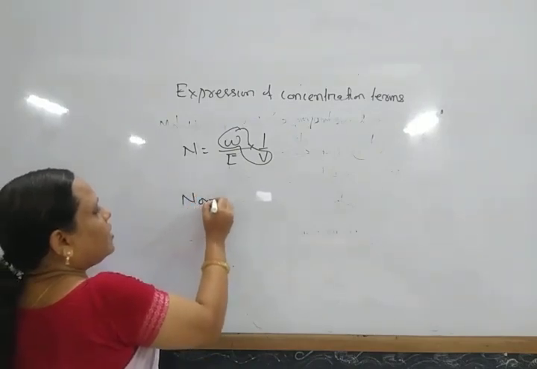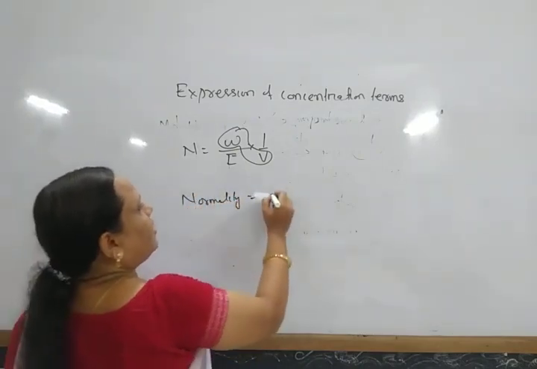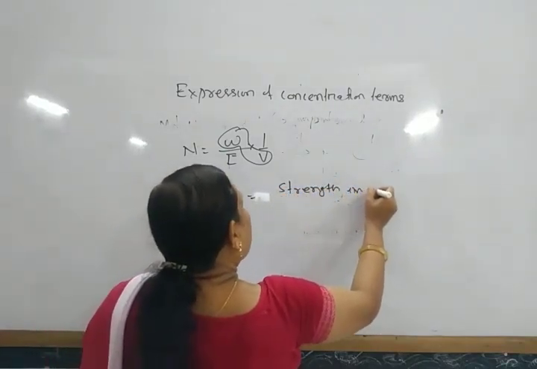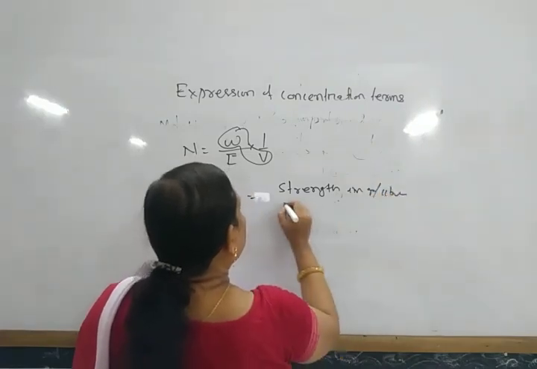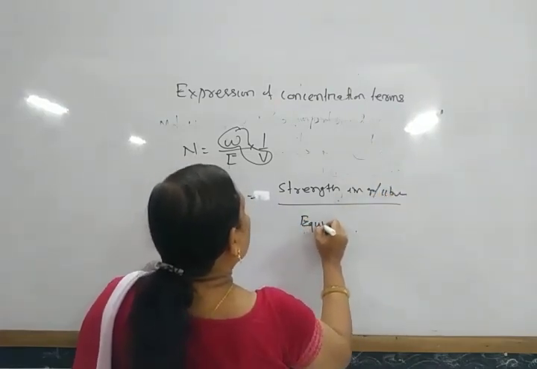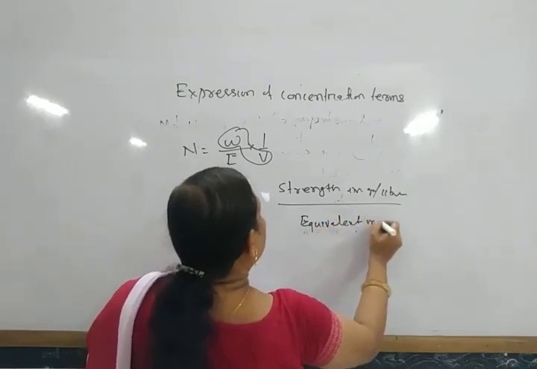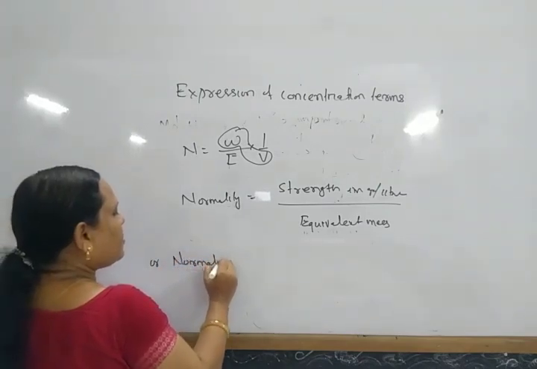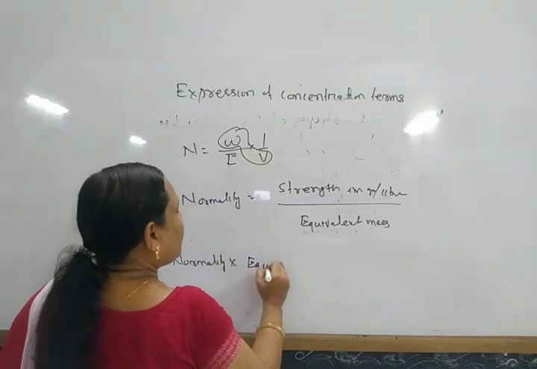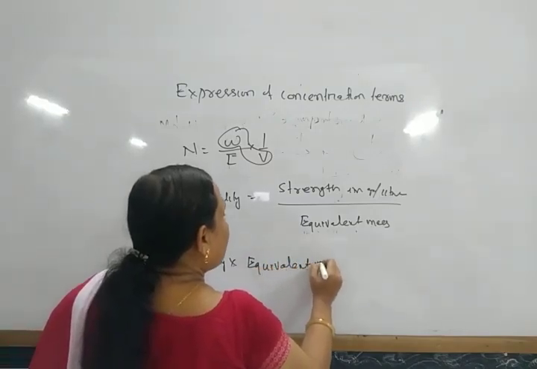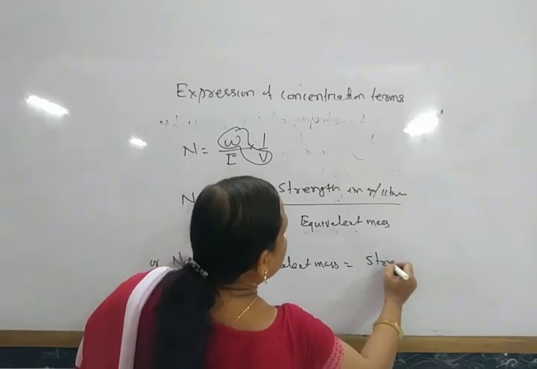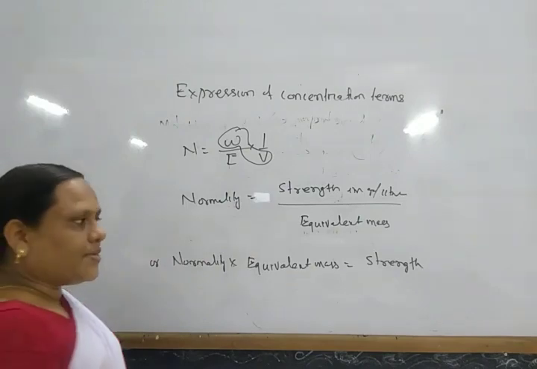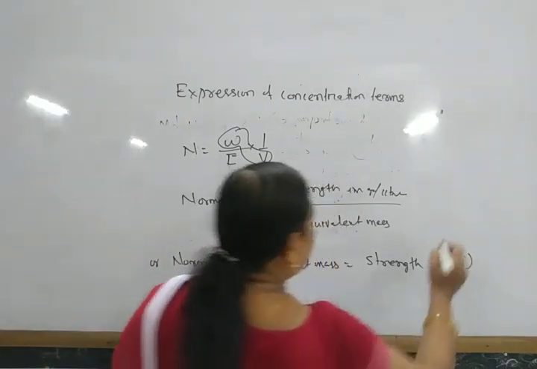Hence, normality equals strength in grams per liter divided by equivalent mass, or normality into equivalent mass equals strength. Suppose this is equation 1.